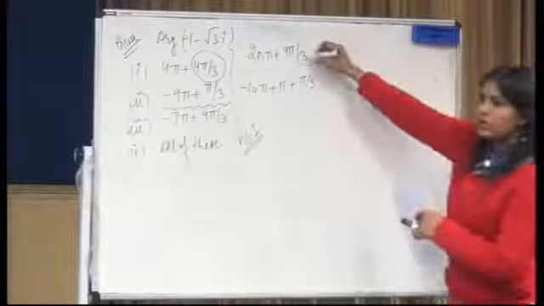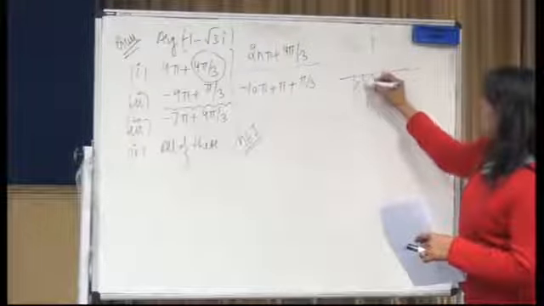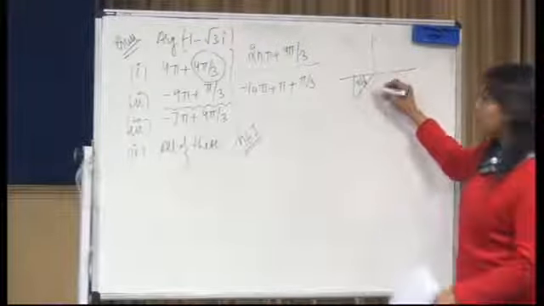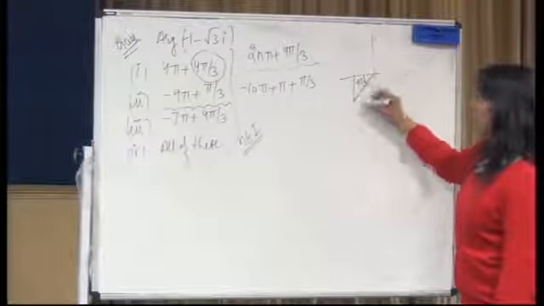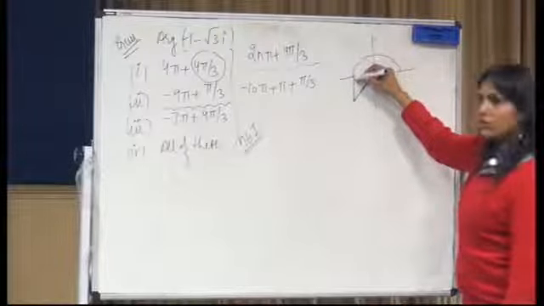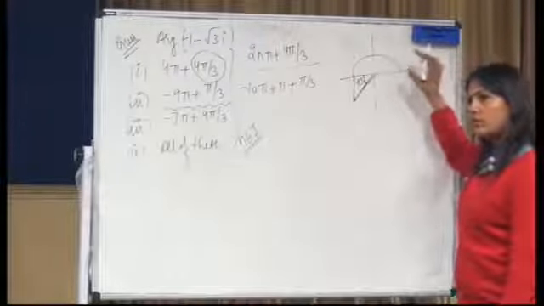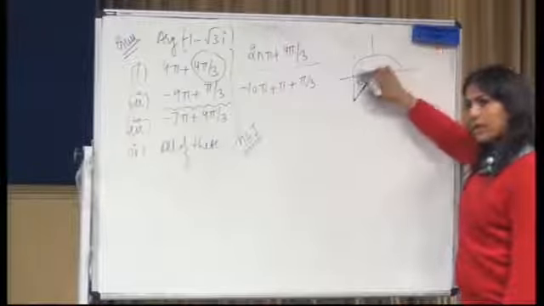Okay. This point was in the third quadrant, na. In the third quadrant, this was the radius vector, at pi by 3. Just see here. So what angle is this radius vector making with the x-axis? Pi plus pi by 3.